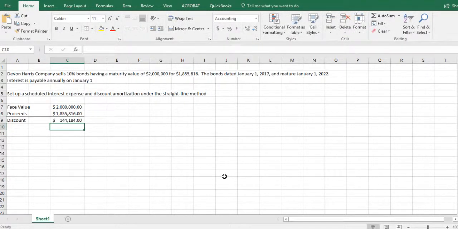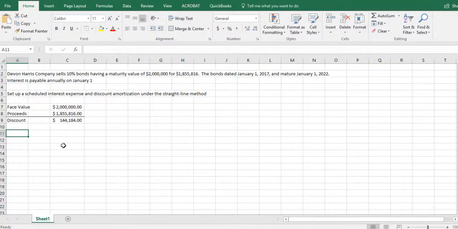So the discount itself is a total of $144,184. Now, when they tell us straight line, that means the same amount in every period is going to be recognized. These bonds are dated January 1st, 2017.